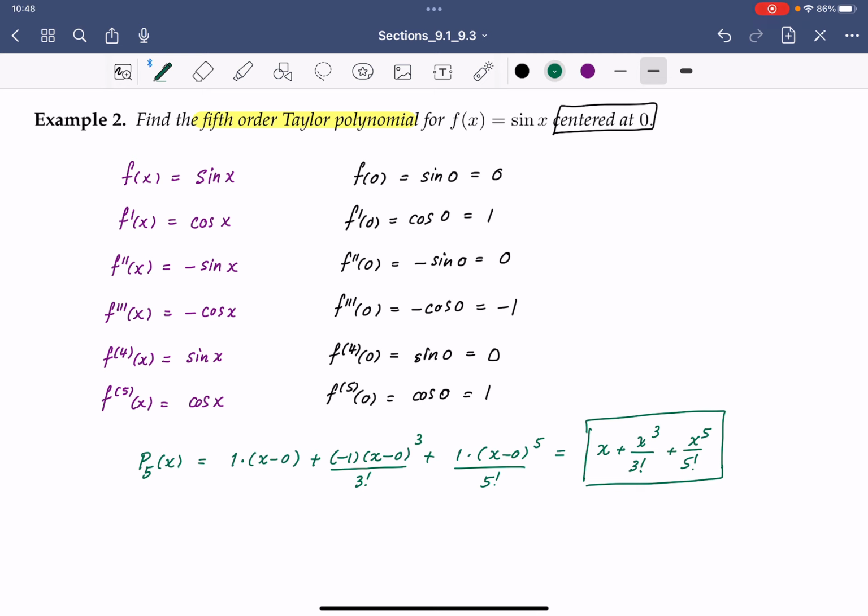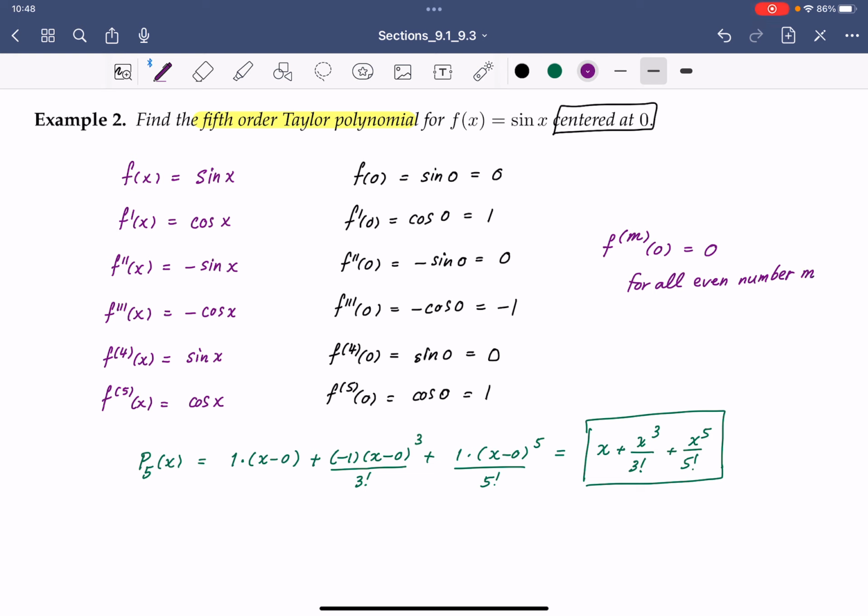Does it make sense? So this is how you do the Taylor polynomial for the sine function. Observe that for the sine function, if you do the m-th derivative at 0, it's going to be 0 for all even numbers m.